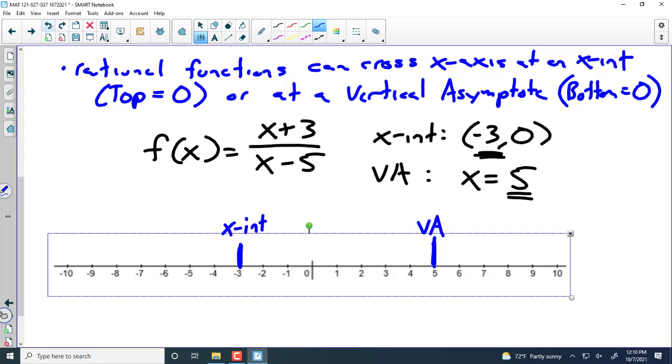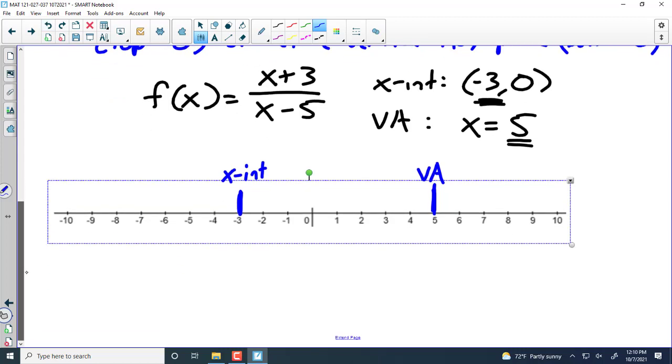Now I figure out where the rational function is above or below the x-axis by plugging sample numbers into it. Class, can you tell me a number below -3? -4 I heard. I also heard -5. I need a number between -3 and 5. Any number you want? 0, 2. I'll do 0. A number bigger than 5? 7.